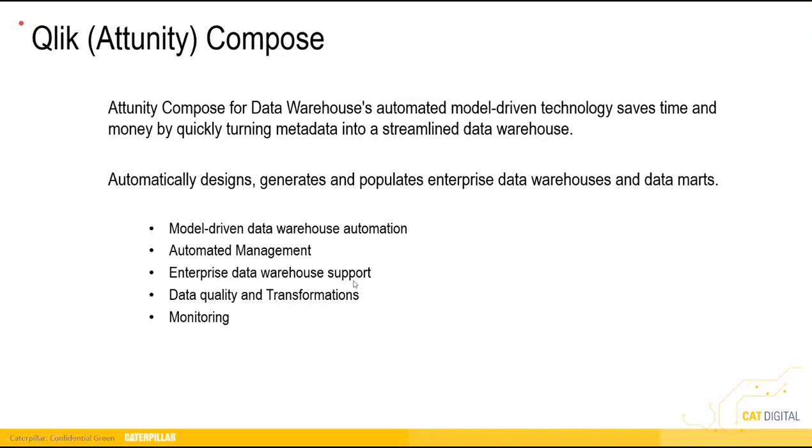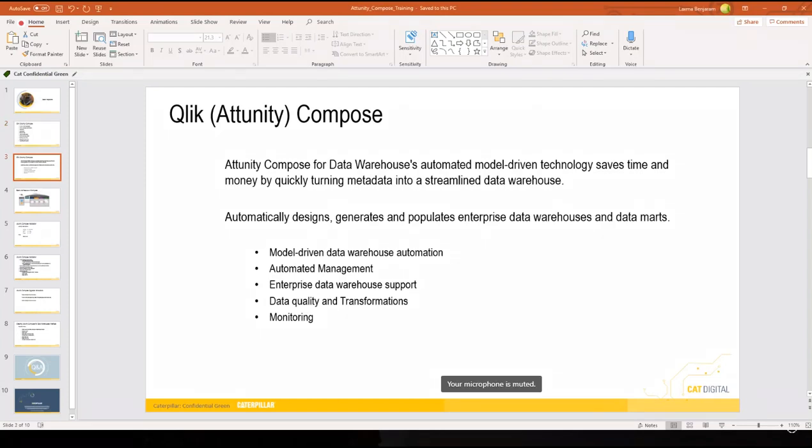There are advantages also. The key feature is model driven data warehouse automation. If you already have a model created in Erwin or something, you can directly import it and create it in a Compose data warehouse.